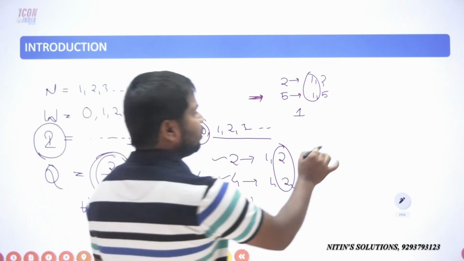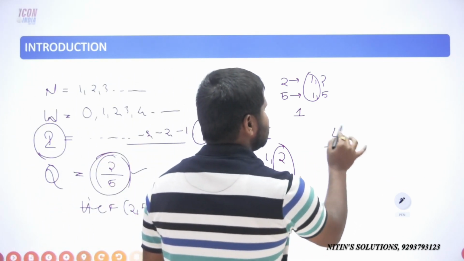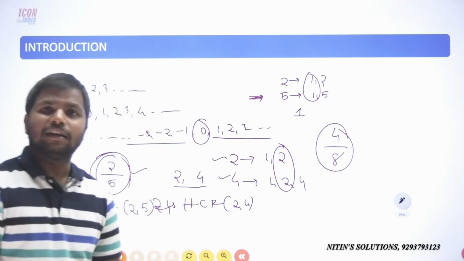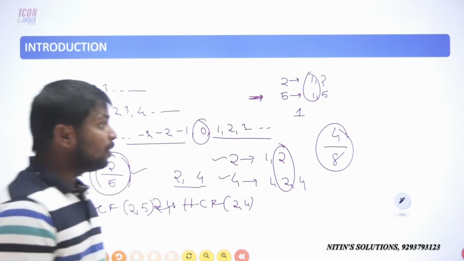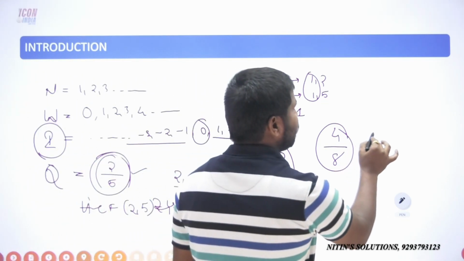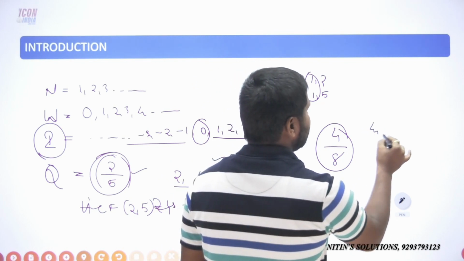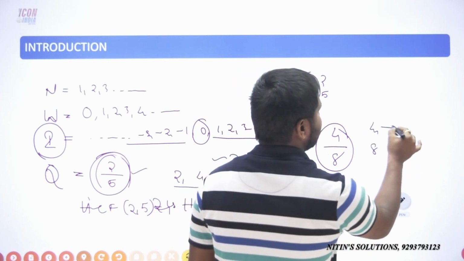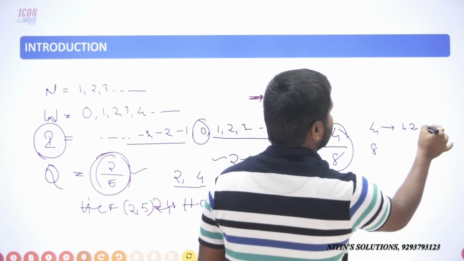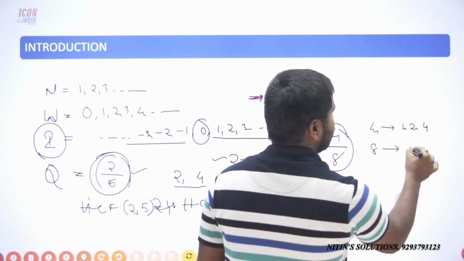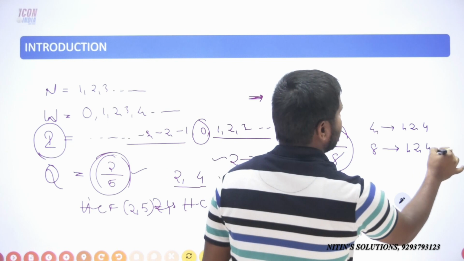Now, if I have 4 by 8, can I consider this a rational number? No. Why? The factors of 4 are 1, 2, 4, and the factors of 8 are 1, 2, 4, 8.